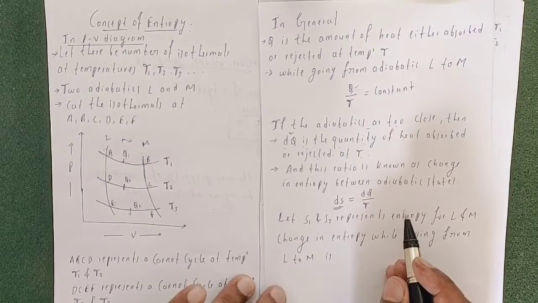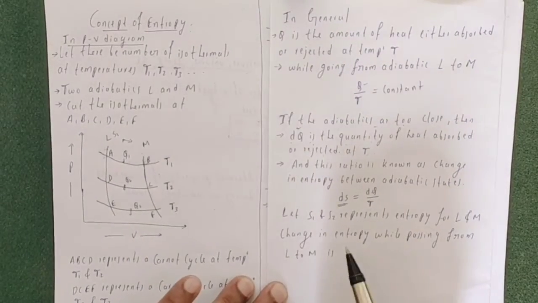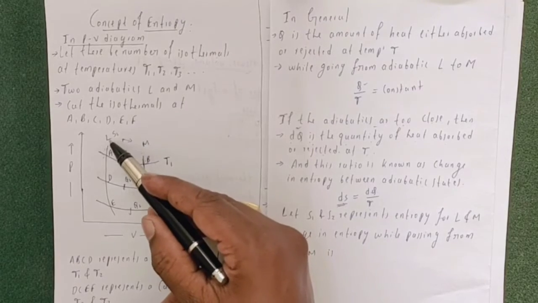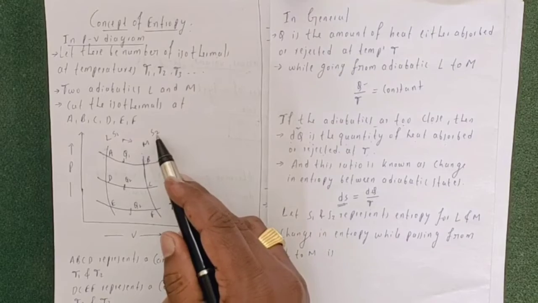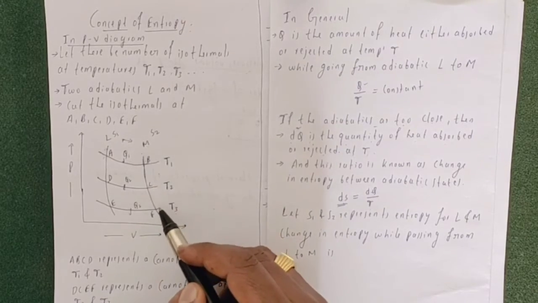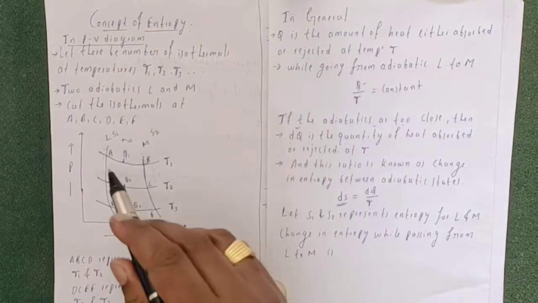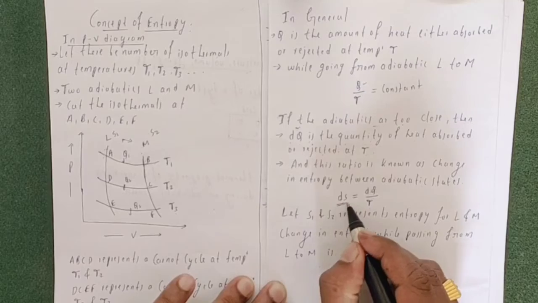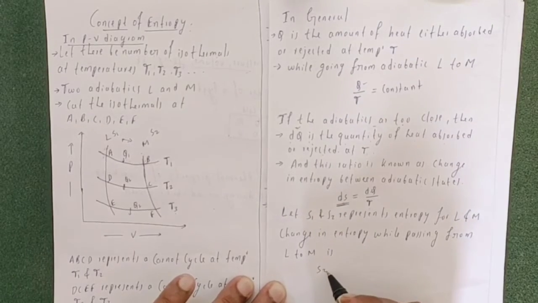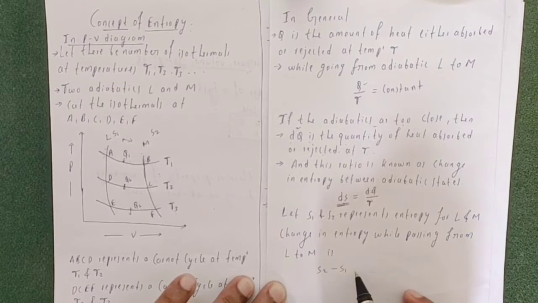Let us suppose S1 is the entropy of adiabatic L and S2 is the entropy of adiabatic M. Let us write the change in entropy for these two adiabatics. S2 minus S1 gives the change in entropy.